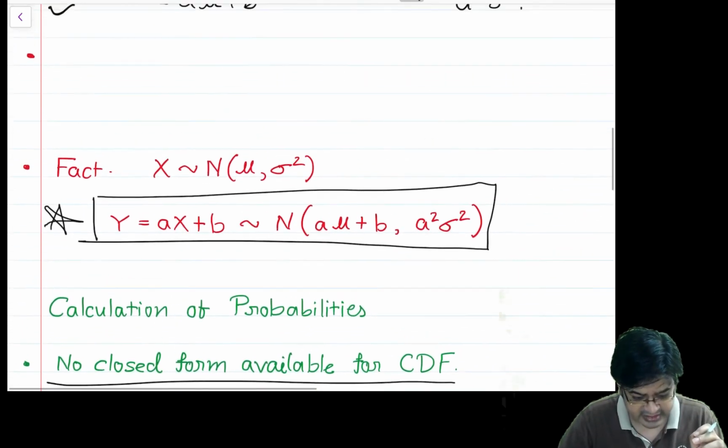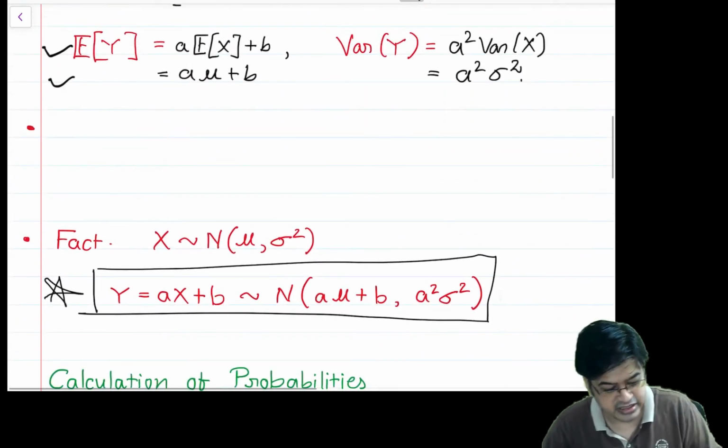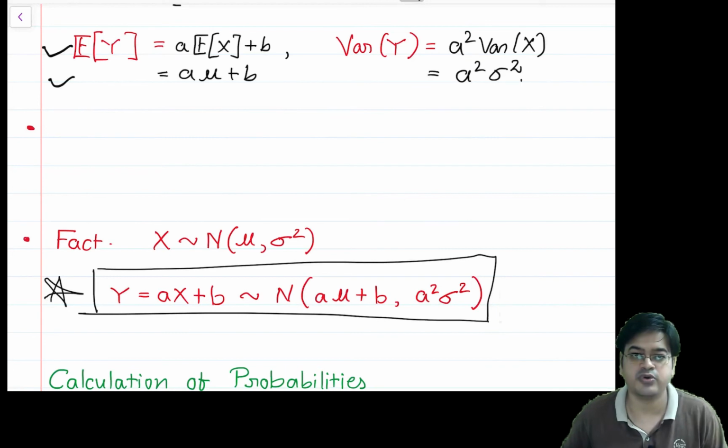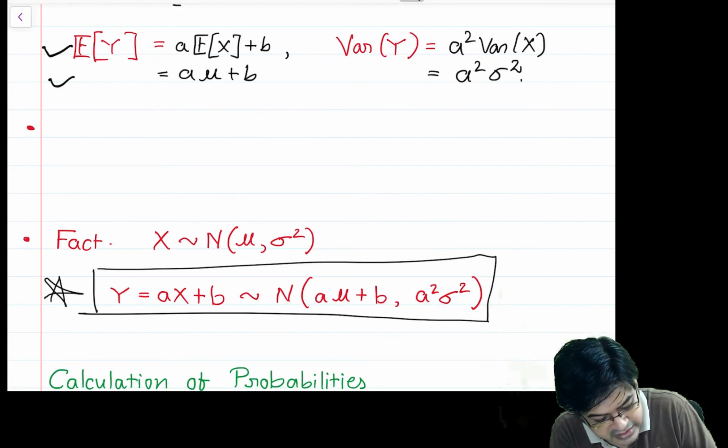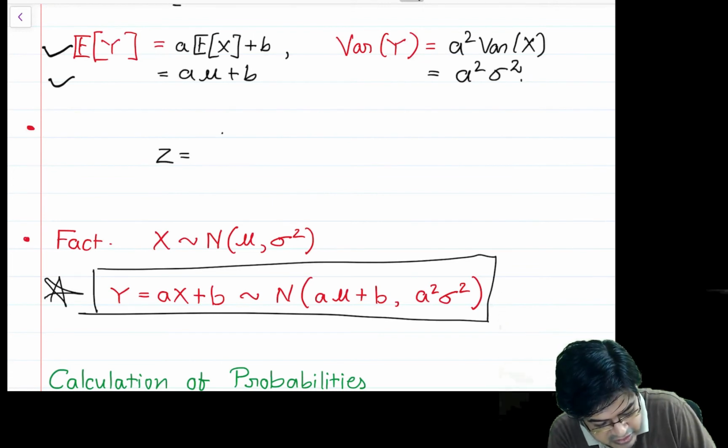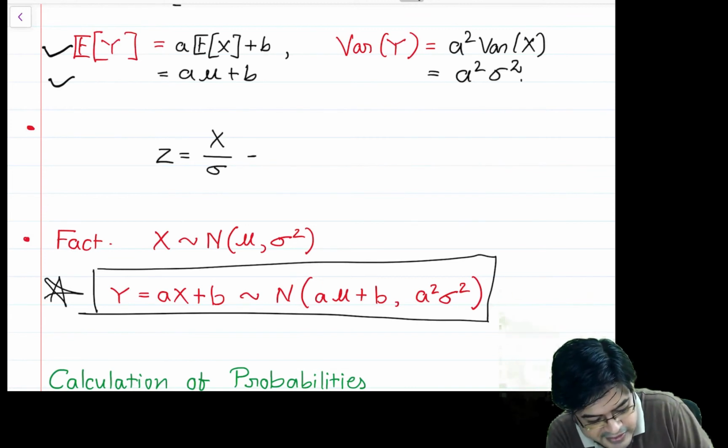So let us try to understand: if x follows normal mu and sigma square, and I consider z to be the random variable x upon sigma minus mu upon sigma.